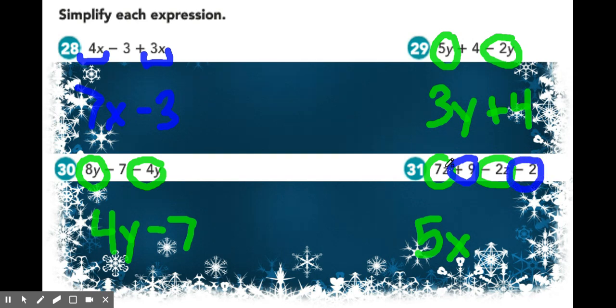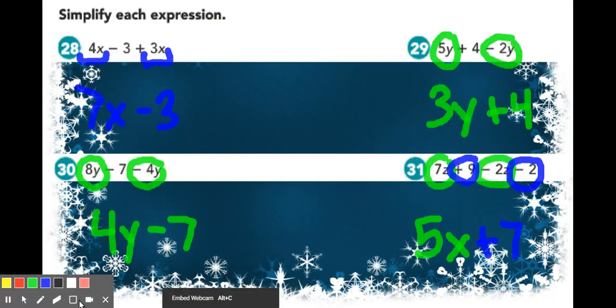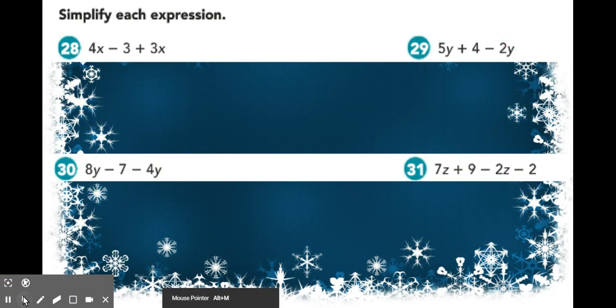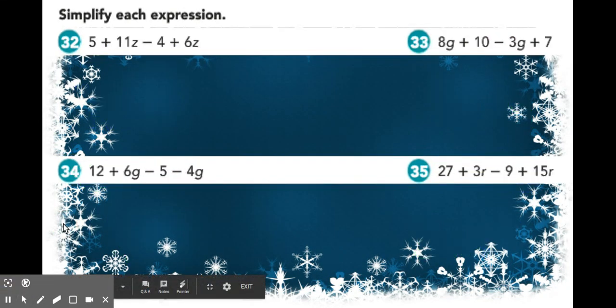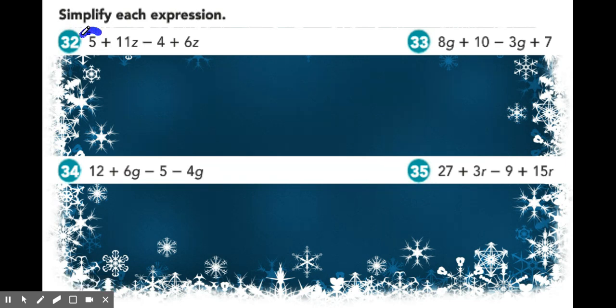And I know that all constants are like terms, so I can go ahead and combine these. 9 minus 2 will give me a positive 7. Let's go ahead and look at the last 4. So here we have a 5, which is a constant. So I'm going to look at my expression and say, do I have any other constants? I do. I have a negative 4. So 5 minus 4 gives me a positive 1.